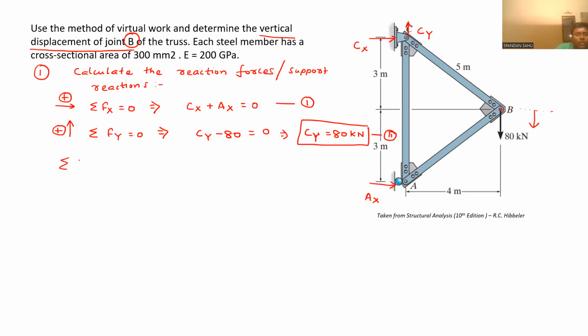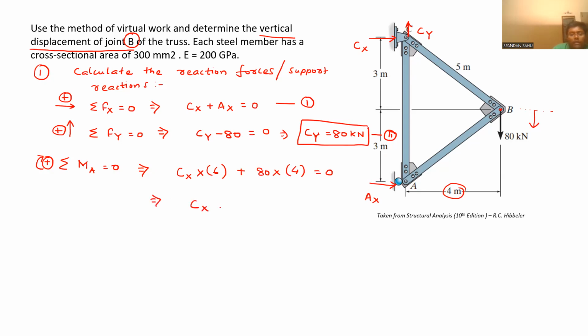Now we can do summation of moment about point A equal to 0, and let the clockwise fashion be positive in nature. So now Cx into the lever arm will be this total length, this is 6 meter, plus 80 into the lever arm will be this 4 meter, will be equal to 0.